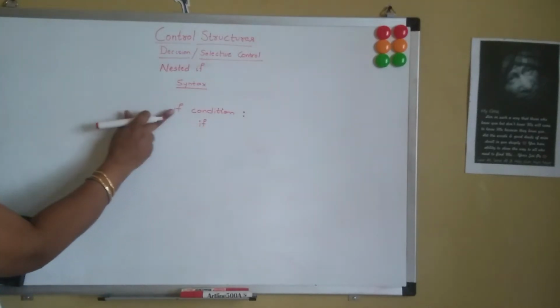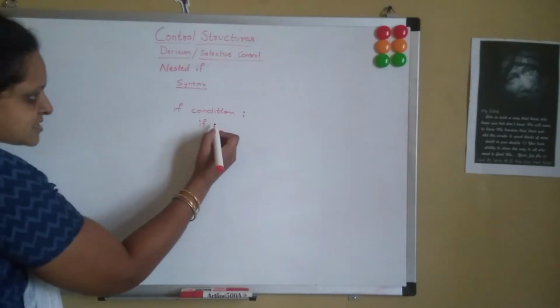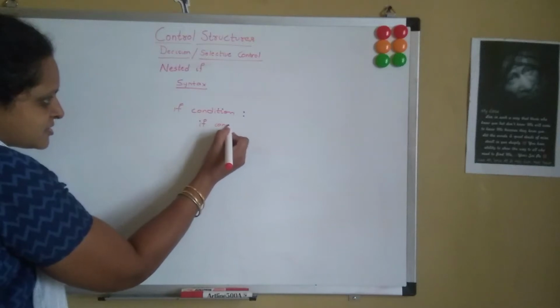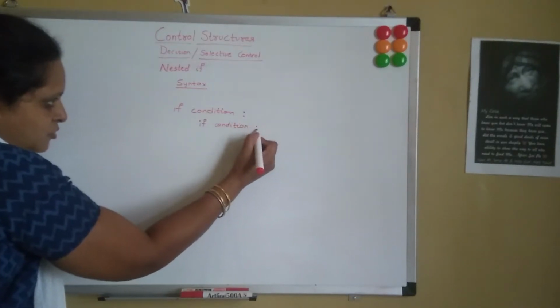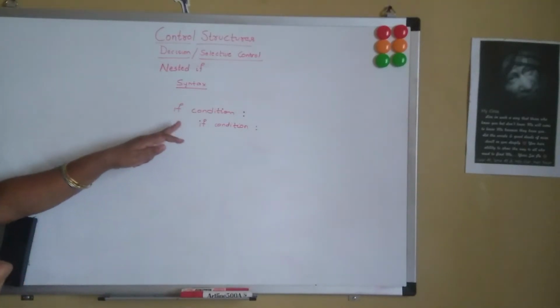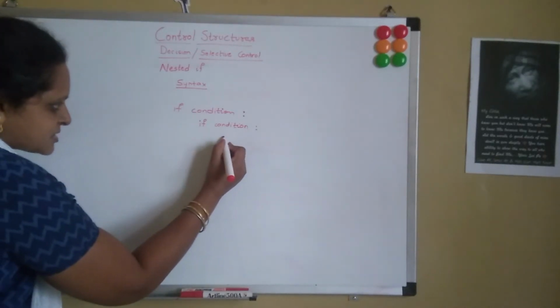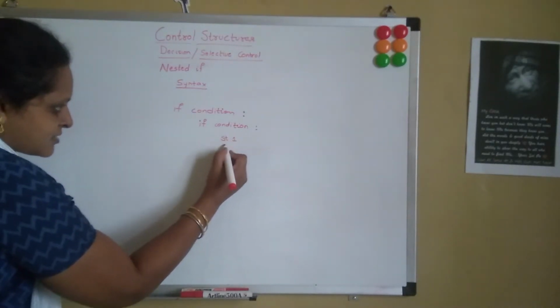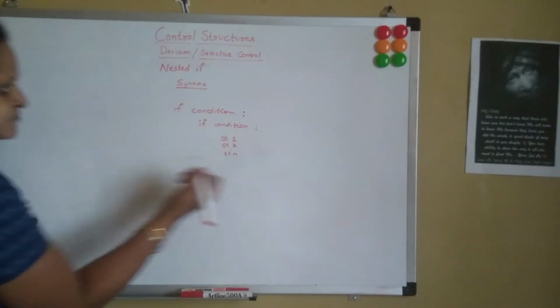Since this if is part of the main if, we have to give an indentation of 4 spaces. If condition colon. So we have one if within another if. So it is a case of a nested if condition. So we write the statements 1, 2 till statement n.